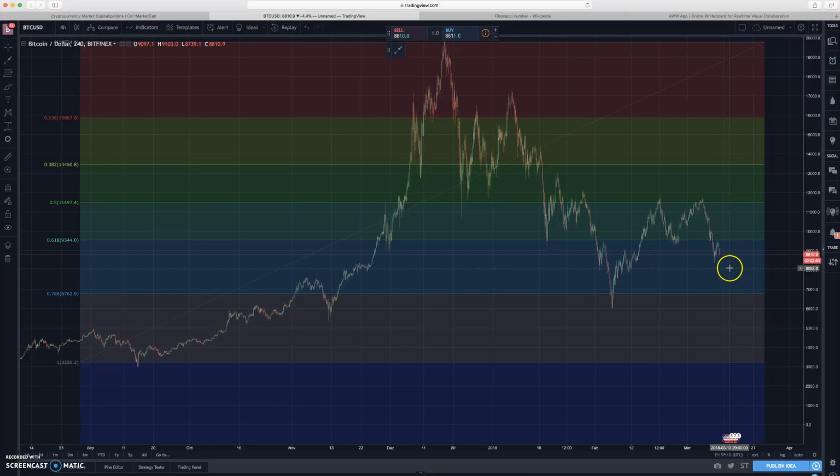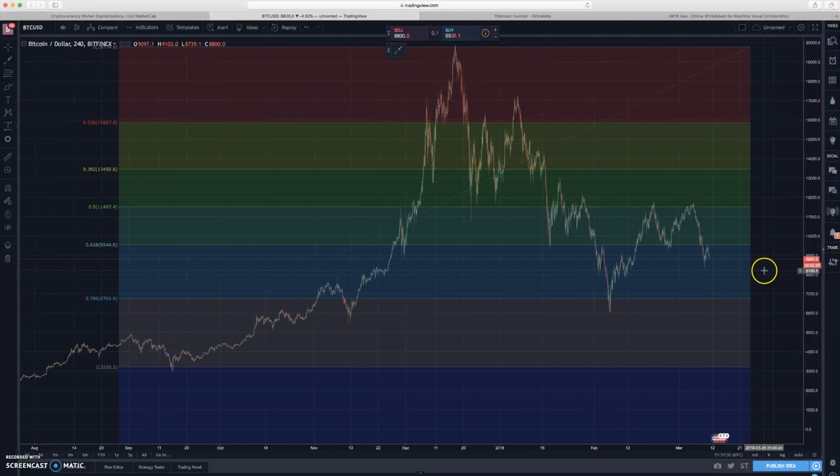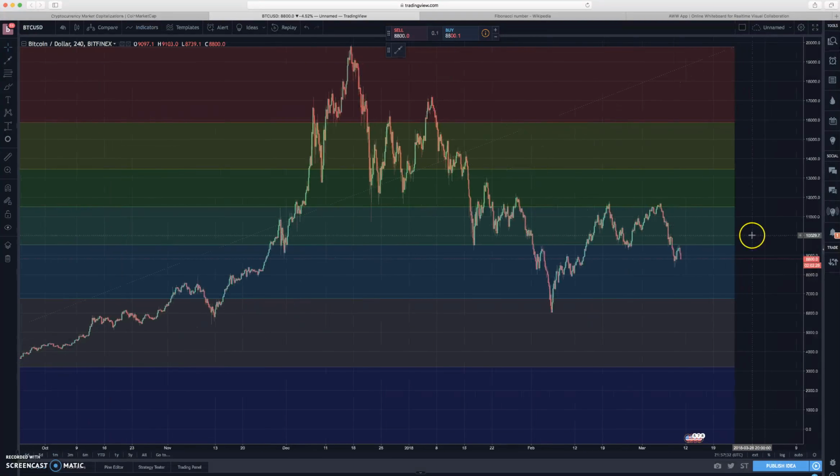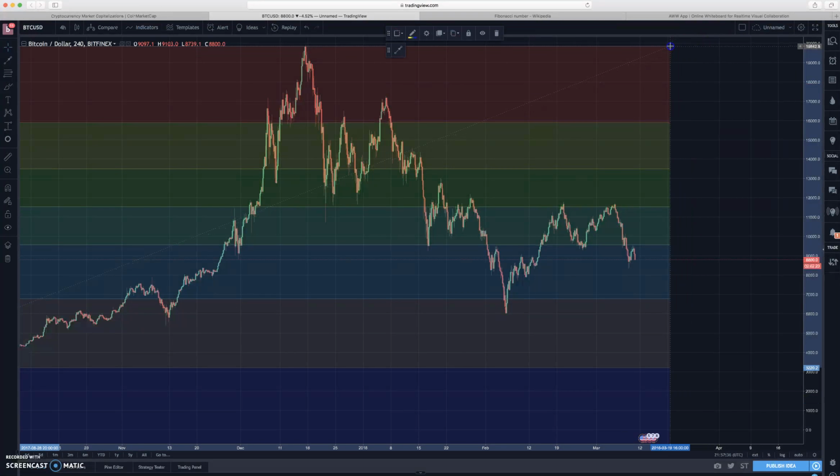And then if you bought in here, maybe you want to put some sell orders up in here and sell 25% of your portfolio right up in here, and then sell another 25% up in here. And you just want to ladder in and ladder out to help you with your cost averaging. And that also helps with your bankroll management and everything.